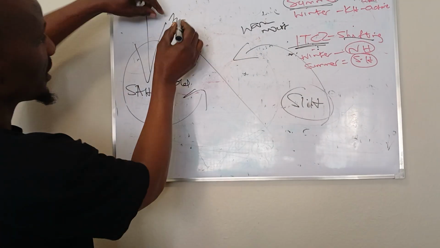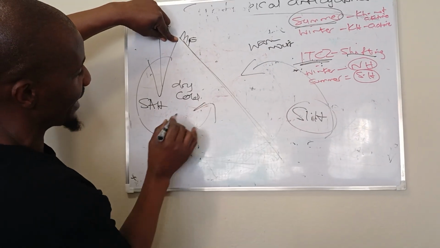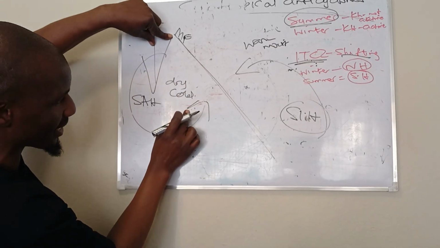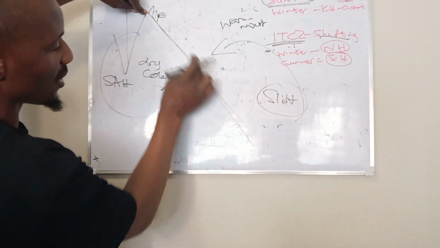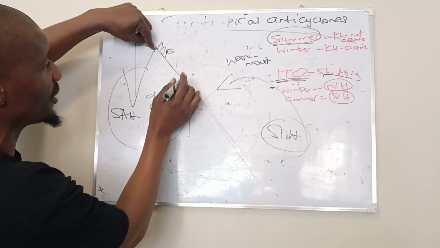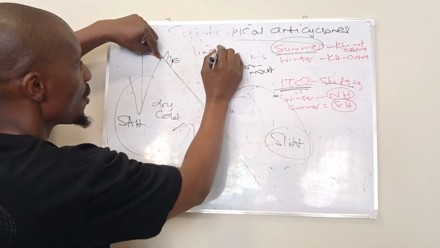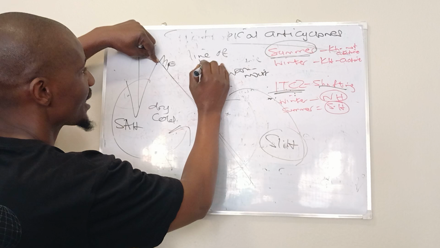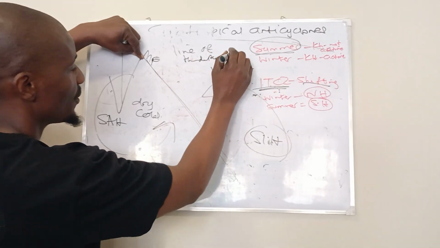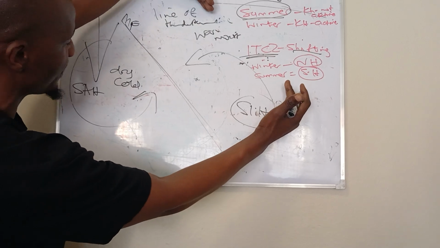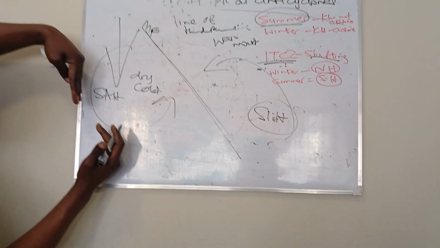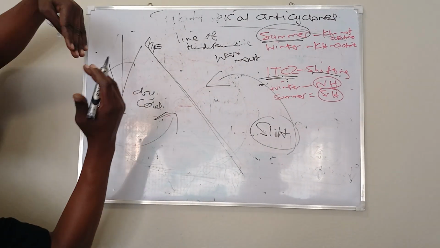So we have the development of a moisture front that separates the dry, cold air and the warm, moist air. Where we have our moisture front, that's where we are going to have a line of thunderstorms. Obviously, more rainfall is received on the eastern side, whereas on the western side there are cold and dry conditions.